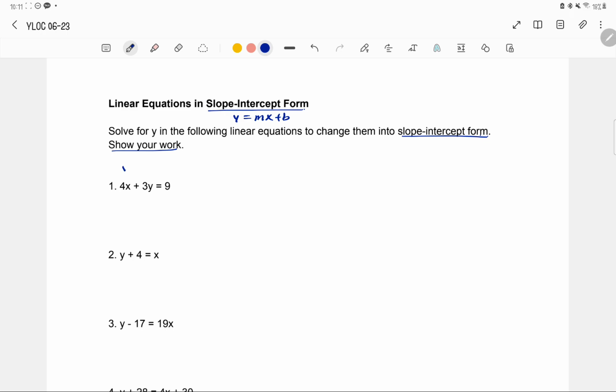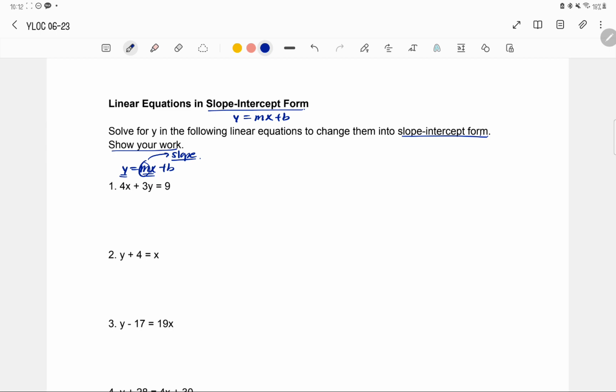Like we said, it's y equals mx plus b. So y has to be by itself here, x has to be on the other side of the equation, not with y, and there has to be a constant, and m is the slope. This is useful when you're graphing, but in order to make it into the same form as y equals mx plus b, it is necessary to understand what the equation is saying.